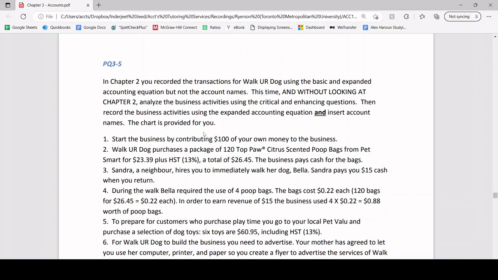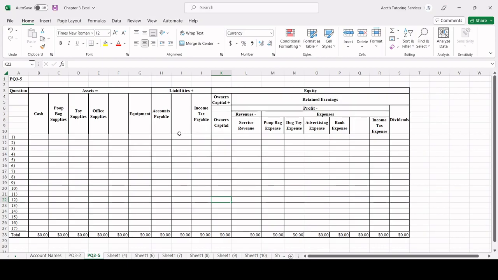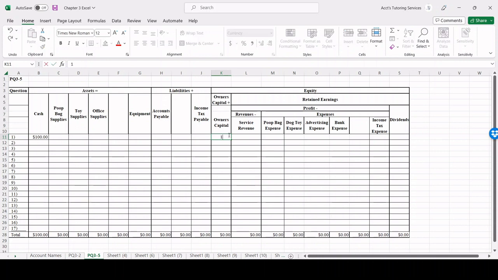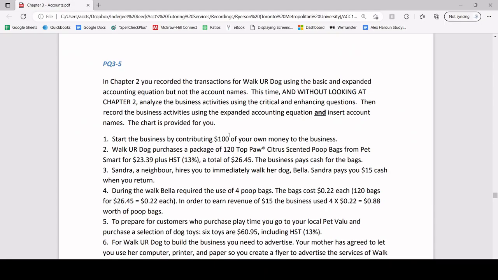Cash is an asset because it's a future benefit. So in that case, cash is going to go up by $100. And by the same token, owner's capital is also going to go up by $100 because remember, whenever you invest or contribute, so investing and contributing means the exact same thing, it increases your owner's capital.